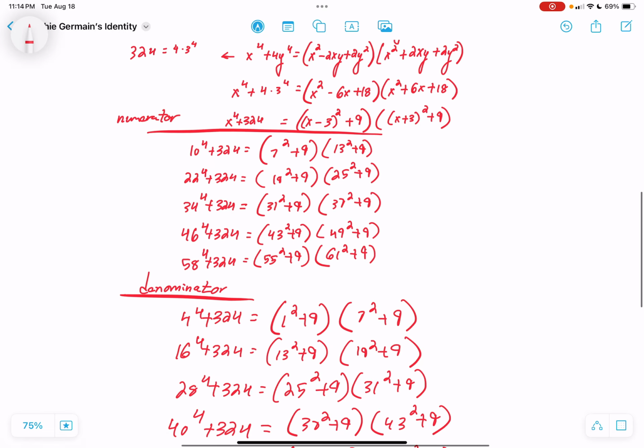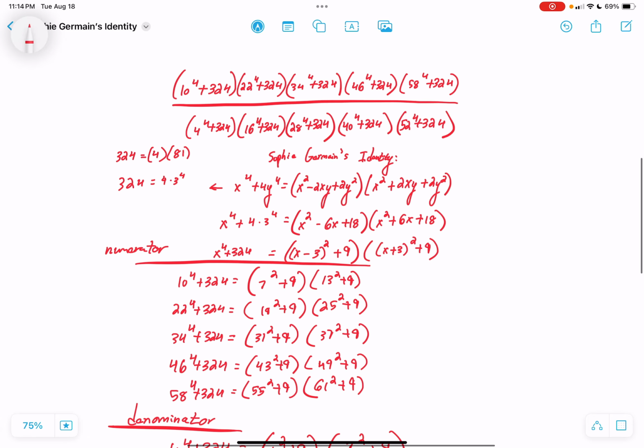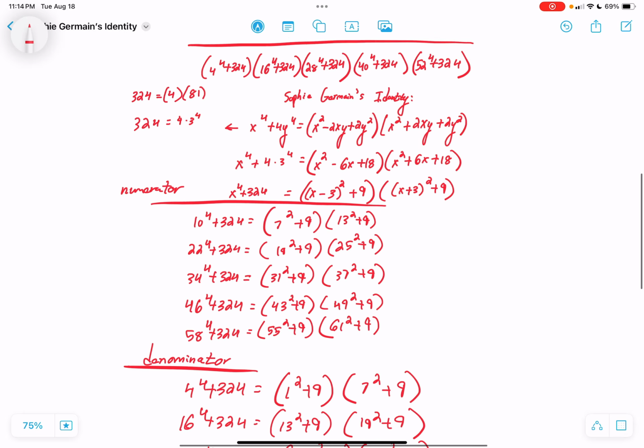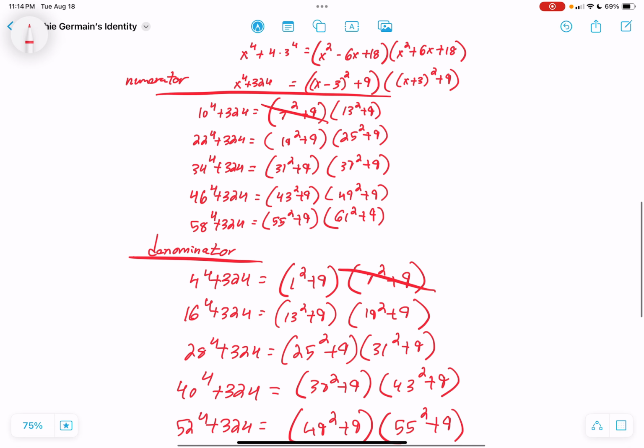Now, look at this really carefully, right? I'm not going to rewrite out my whole numerator because it's going to take a while to plug everything back in. But just think about this logically, right? These are all factors being multiplied together. Here I have my numerator and denominator. Look at the pattern here, though. I have a 7 squared plus 9 in my denominator and the numerator. I can say that those cancel out. I have a 13 squared plus 9, a 19 squared plus 9, 25 squared plus 9, 31 squared plus 9.